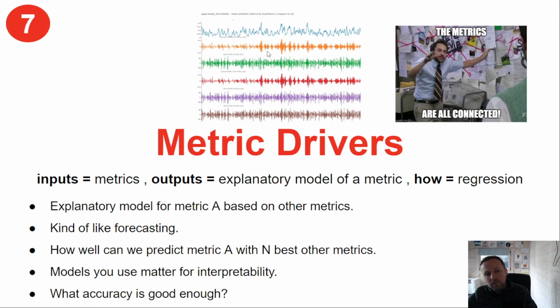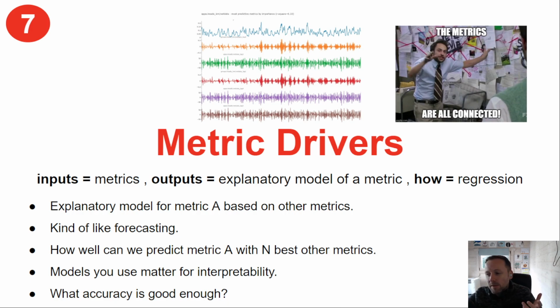We're looking at this top line, which is some metric, and we're trying to see how well we can predict this metric from some subset of other metrics. If we can do a good job, say we can predict this top line with 80% accuracy based on these 10 other metrics, we've now got the drivers of this metric.